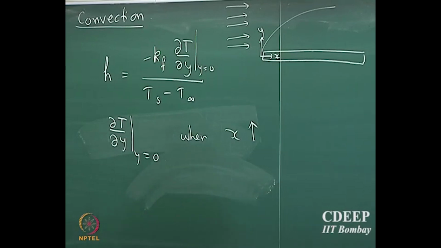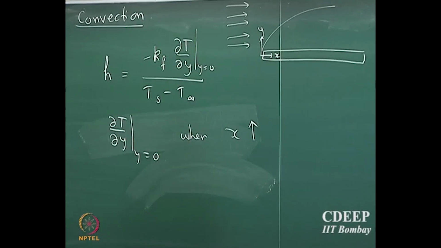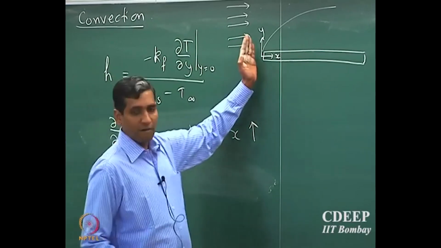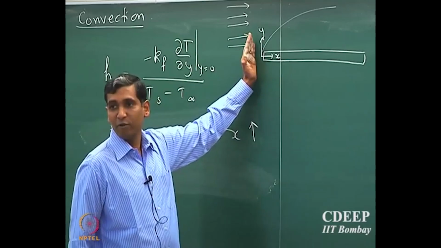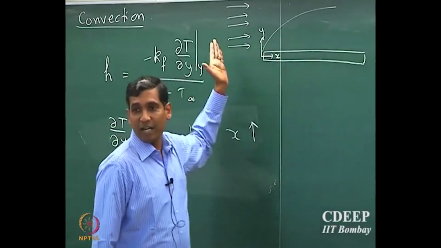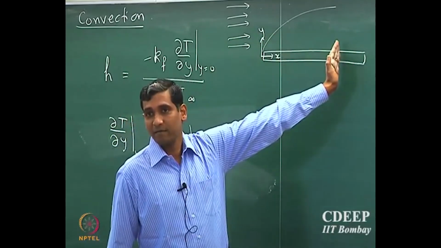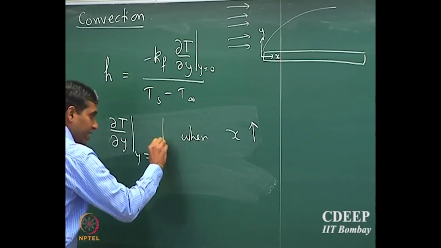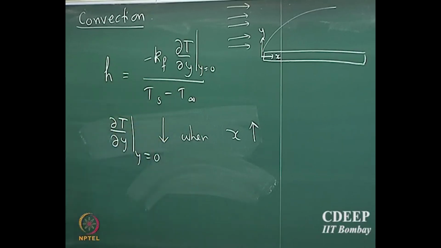Decrease or increase? Why? Okay. The residence or contact time of the fluid with the flat plate increases as the fluid particles are traversing the flat plate, flowing past it. Therefore, you would expect that the fluid would have gained more heat from the flat plate, and therefore you would expect that the gradient will actually decrease as you go further along the flat plate.